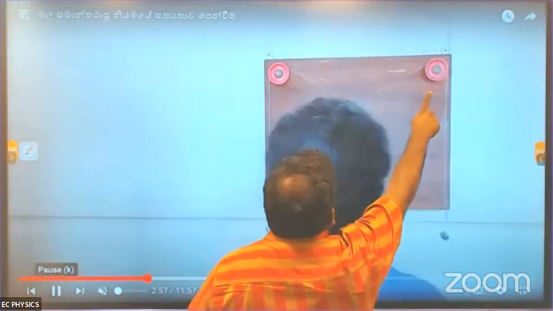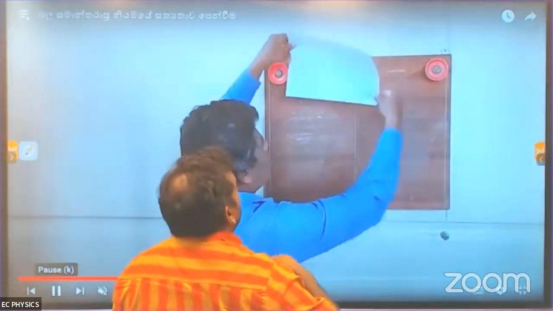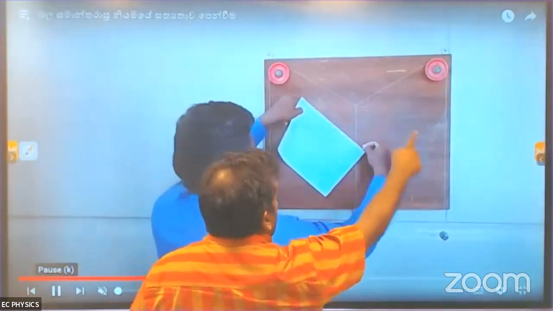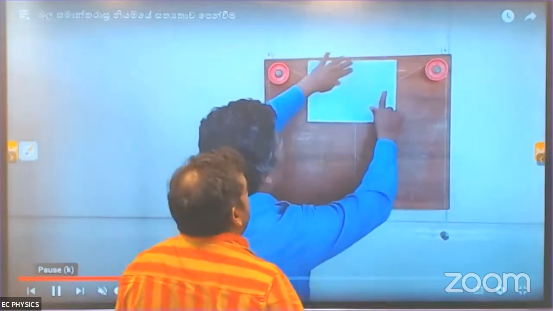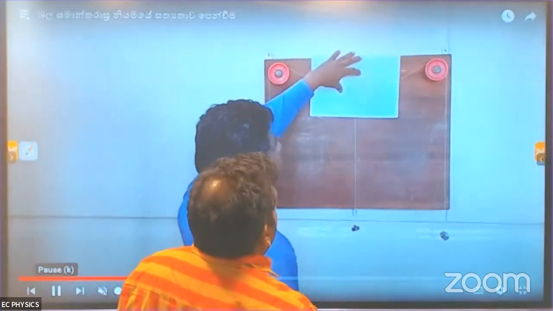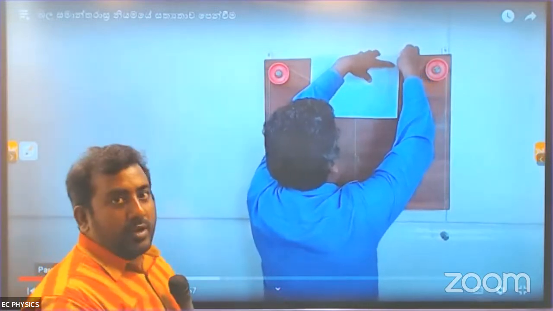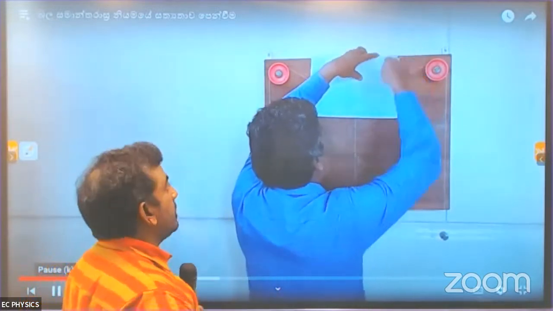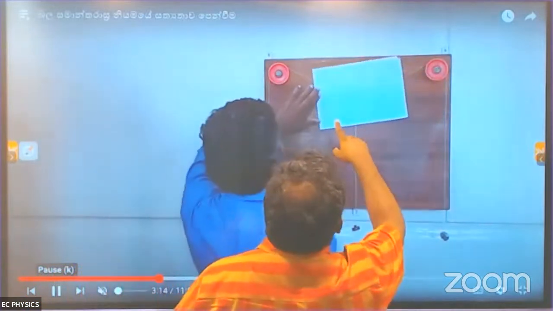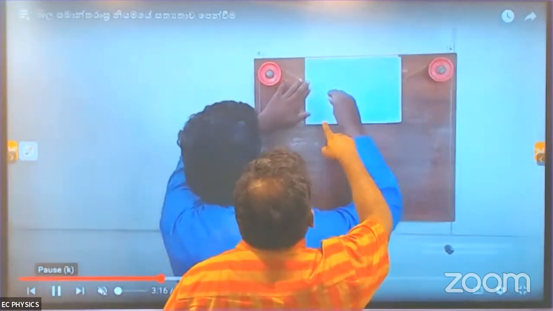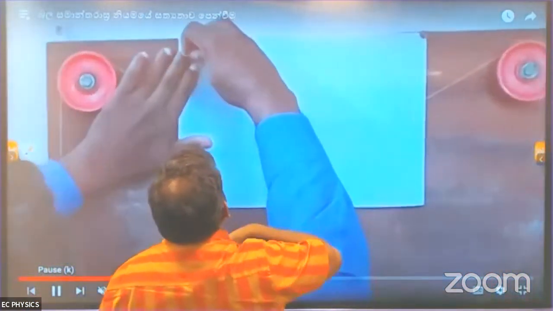Pulleys are kept in line with each other. Known weight here, known weight is also connected. Under it, you put an A4 sheet.